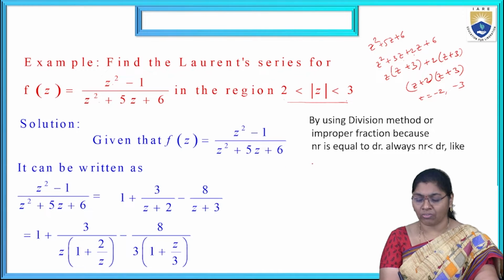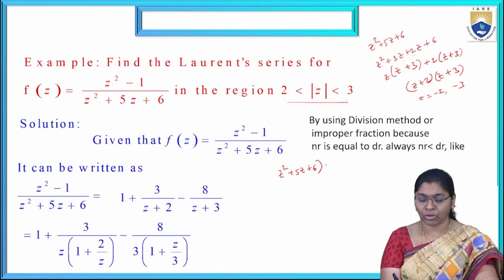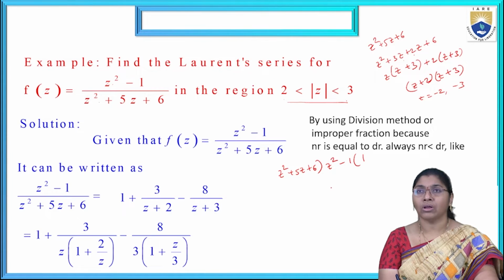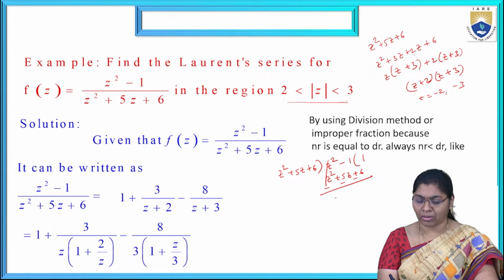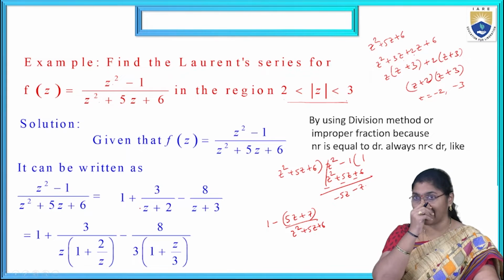That's why we use the division method: z square plus 5z plus 6 into z square minus 1. Multiplying with 1 gives z square plus 5z plus 6. Now these two cancel. The remaining part is minus 5z minus 6 minus 1, that is minus 7. Now that is 1 minus of 5z plus 7 by z square plus 5z plus 6. Like that we get it.